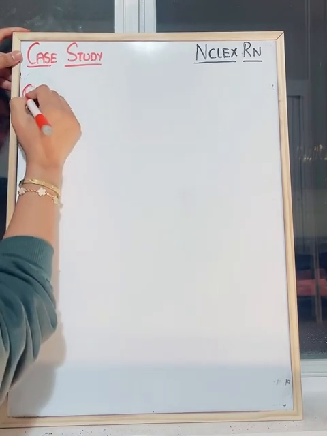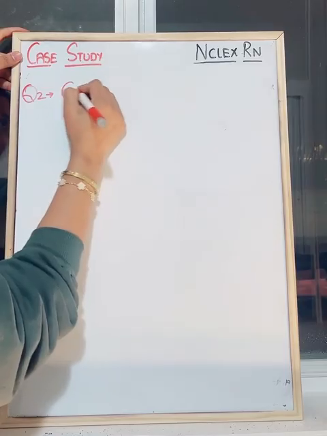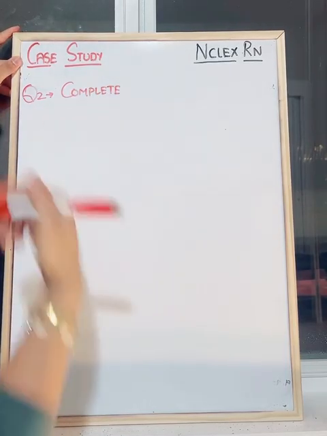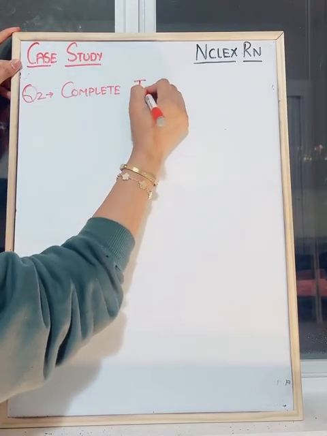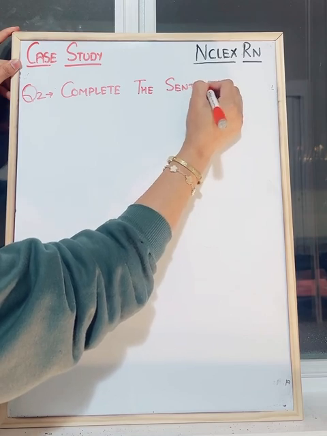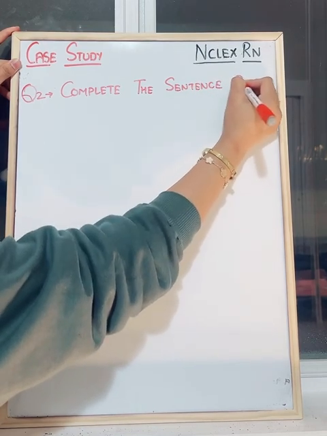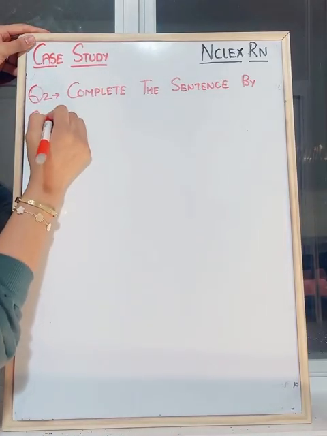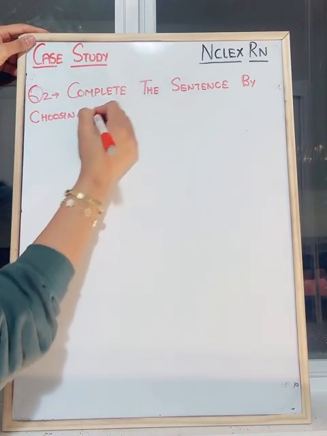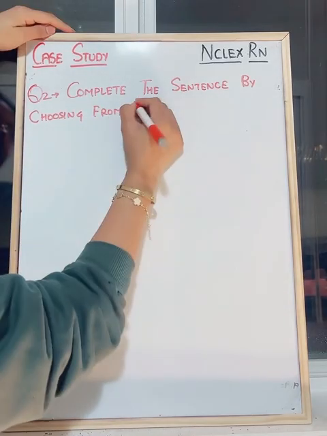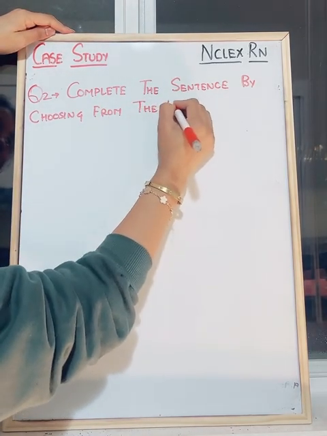Question number 2 here is: complete the sentence by choosing from the list of options.